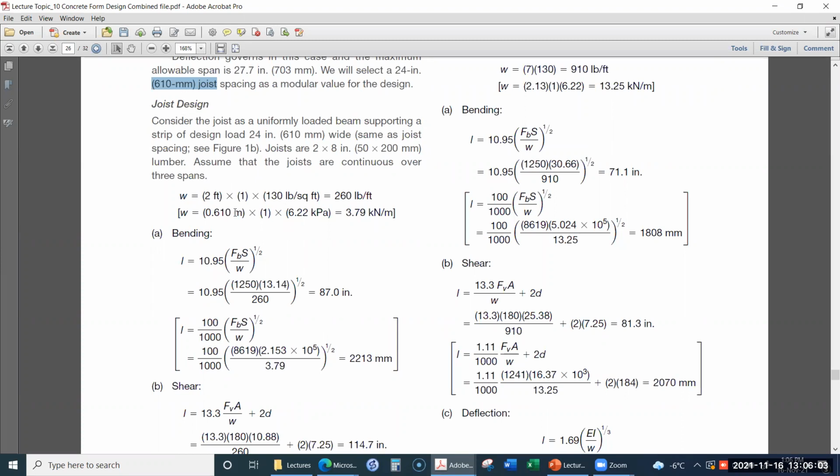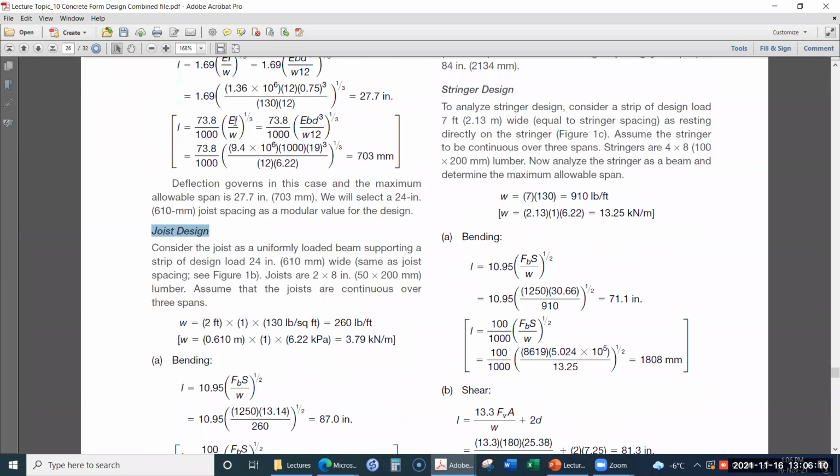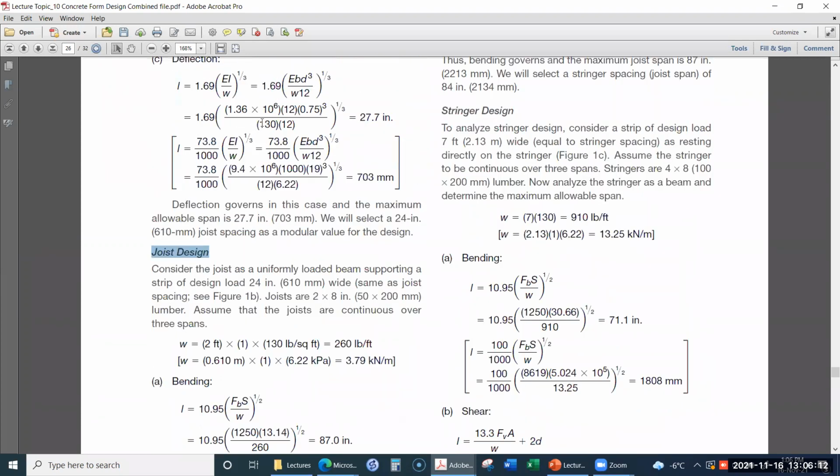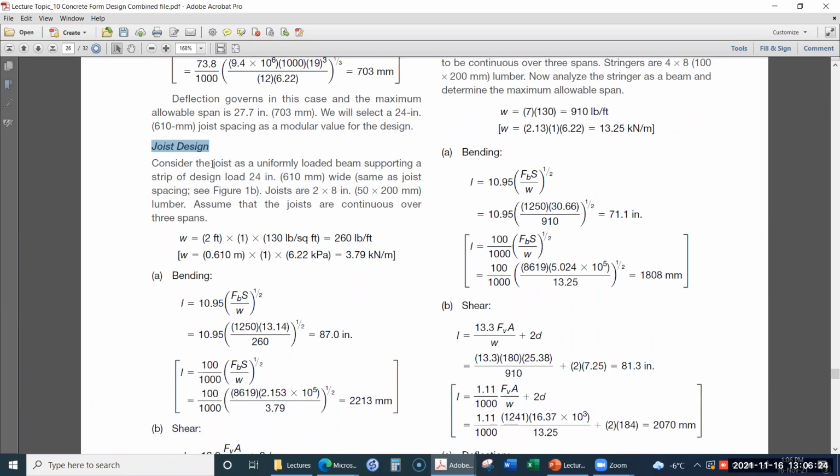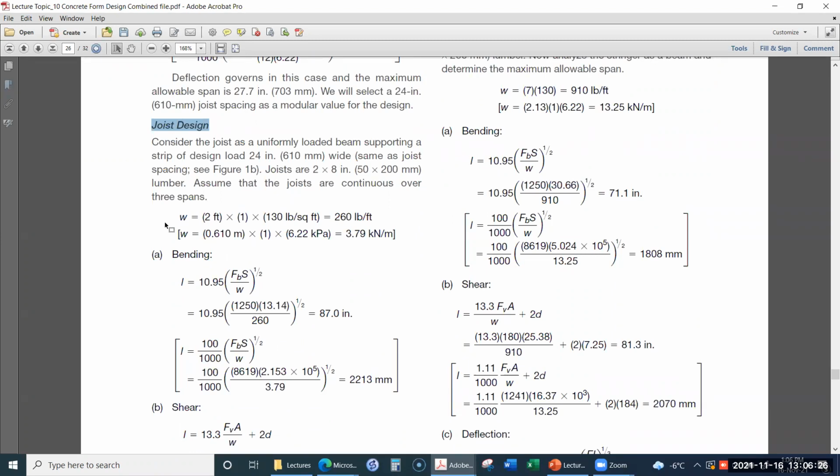Next, we will calculate the stringer spacing that will come in the joist design. So this was about the sheathing. For the sheathing, we calculate the joist spacing, that is the supports which will be provided to the sheathing. For the joist, we will calculate the stringer spacing. Again, we will have to perform the calculation.